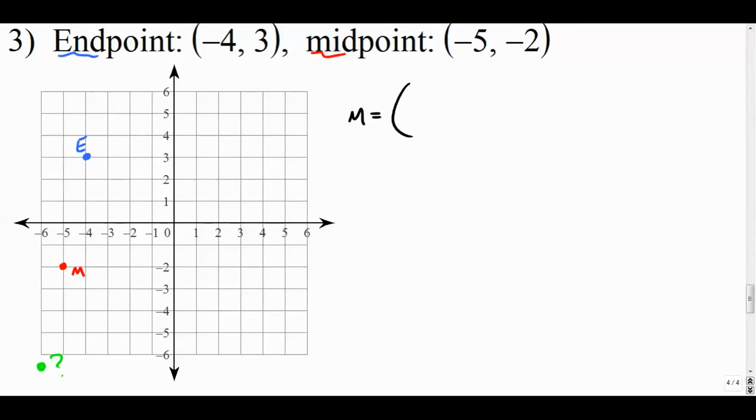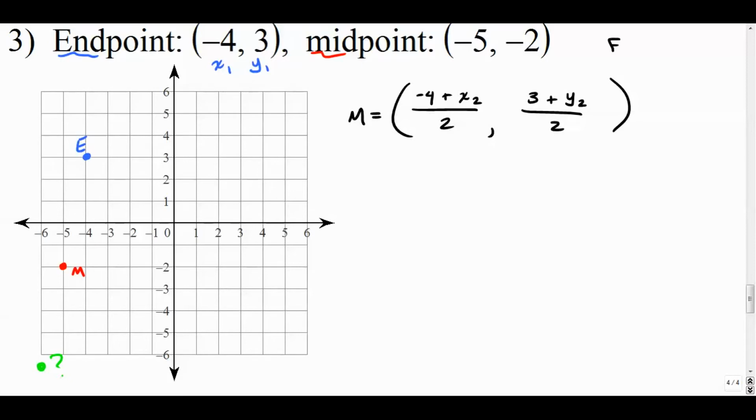M is equal to the sum of the x's over 2, the sum of the y's over 2, and the first endpoint is x sub 1, y sub 1. The second endpoint we don't know, so I'm just going to put -4 plus the other x and 3 plus the other y.